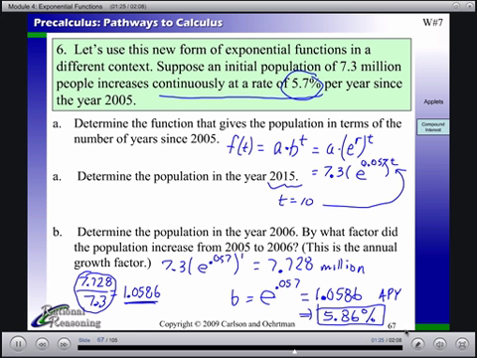So this 5.7%, now you have to combine that with continuous compounding, meaning every moment we're recalculating and letting the interest grow on itself. The effect of that over a year is this growth factor right here. So continuous at 5.7% means that to get the amount one year later, you multiply by this, which is truly this percent increase.